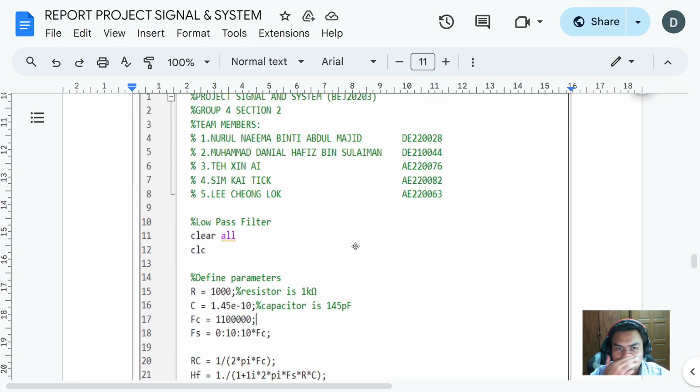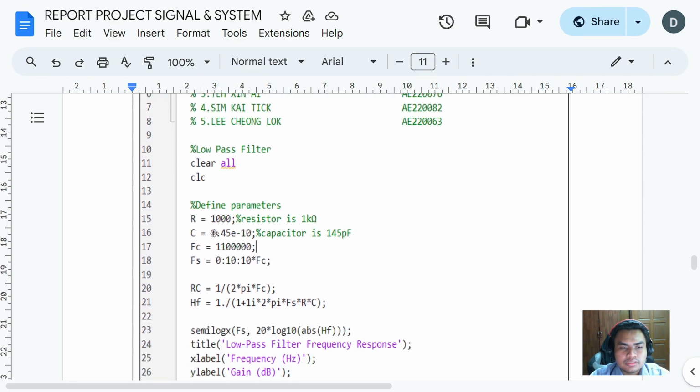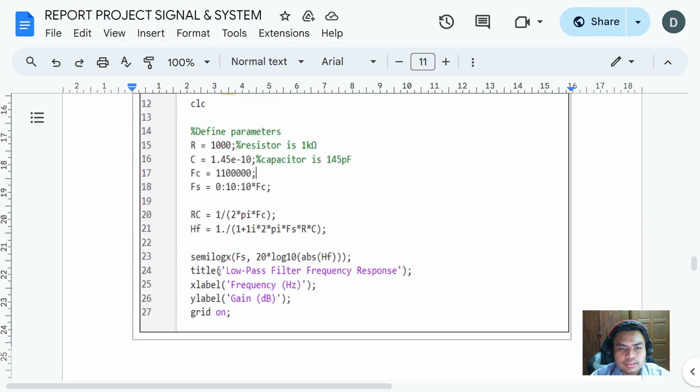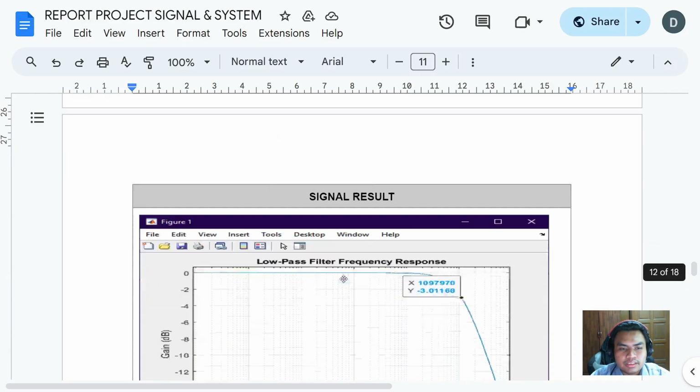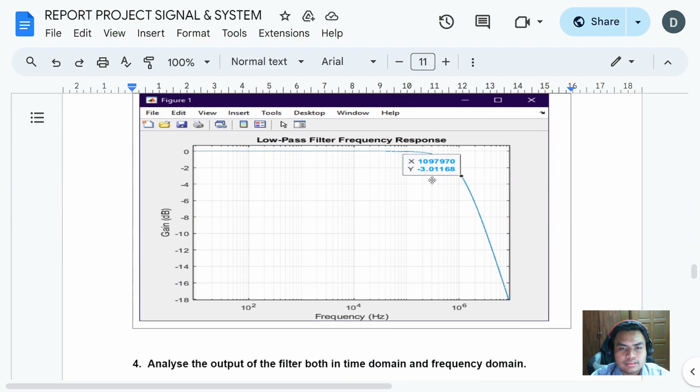This is our coding to make the low pass filter. From here we define the resistor, the capacitor, and the cut-off frequency. After we run the coding in MATLAB, we get this result.